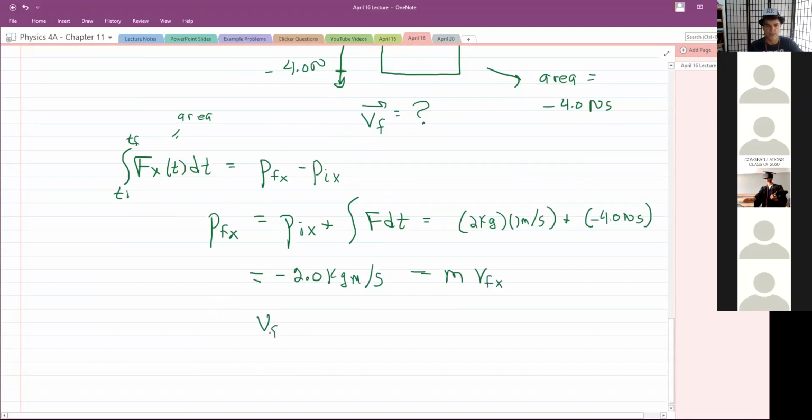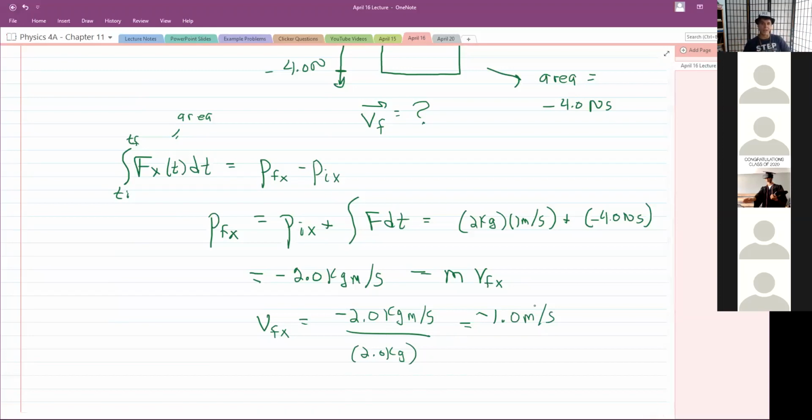So my final velocity would be -2 kilogram meters per second divided by the mass, which was 2 kilograms. My final velocity would be -1 meter per second. What does that mean? It means this force ended up reversing the direction of the object. Now it's moving at 1 meter per second in the opposite direction.